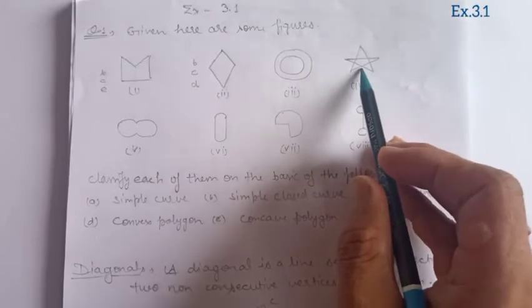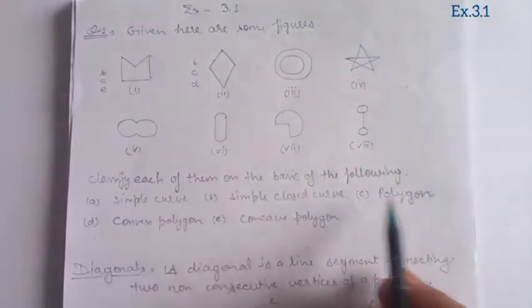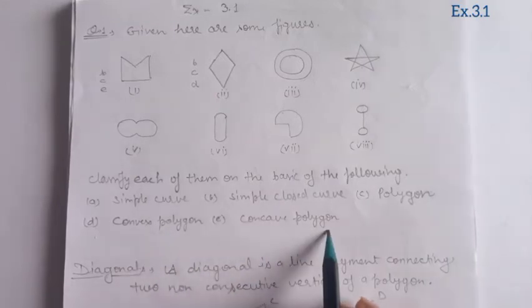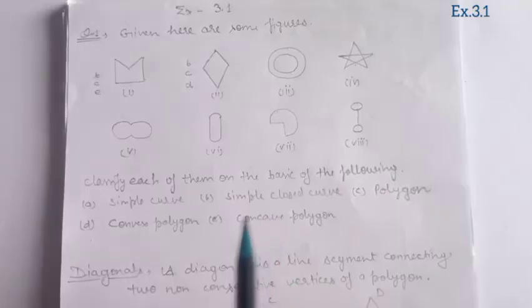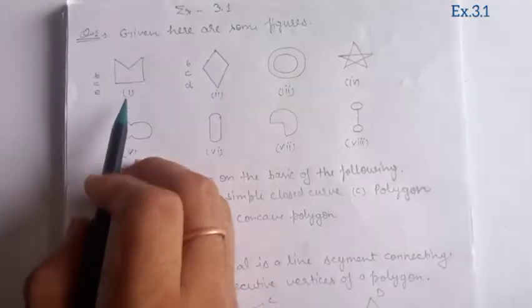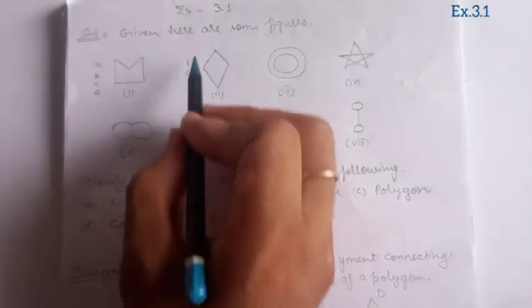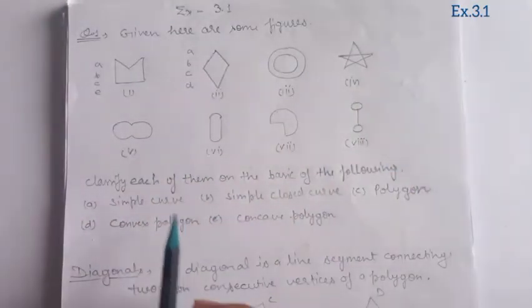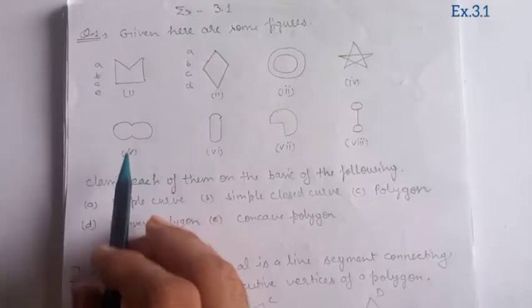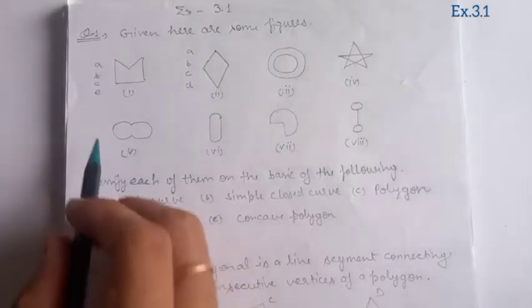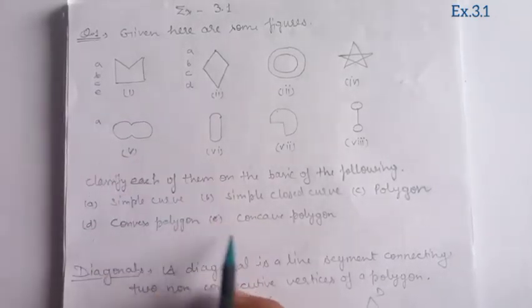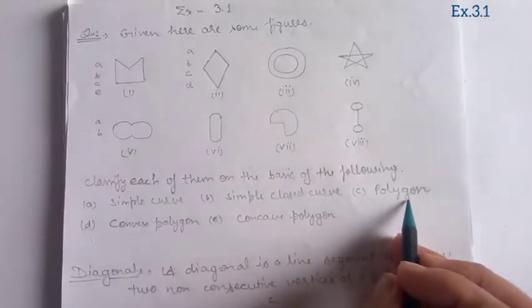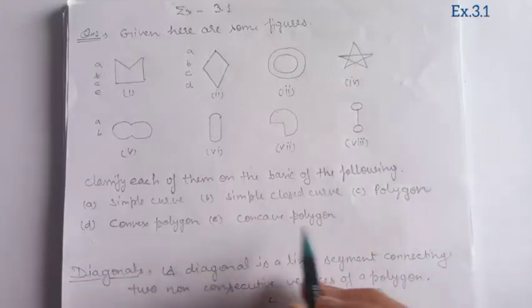So it is not a simple closed curve, not a polygon, not a convex polygon, and not a concave polygon. And simple curve: the first one is also a simple curve, the rest are not simple curves. Now let's move to the fifth part. Here you can see, yes, it is a simple curve, A; simple closed curve, yes, B; third, polygon, no, it is not a polygon, and not convex or concave either.